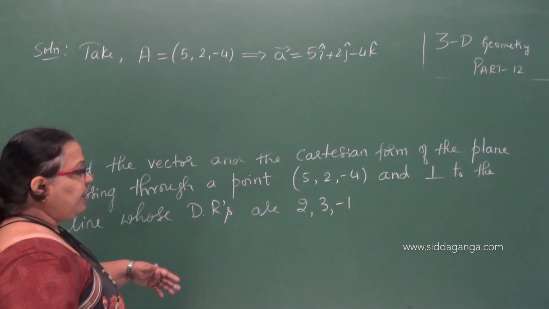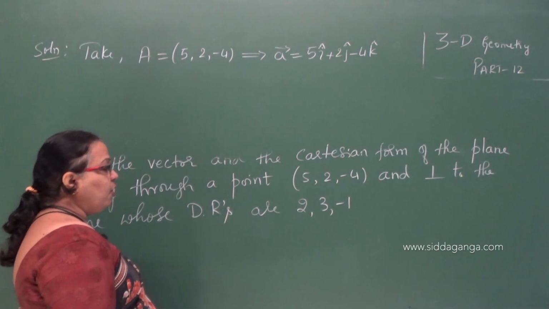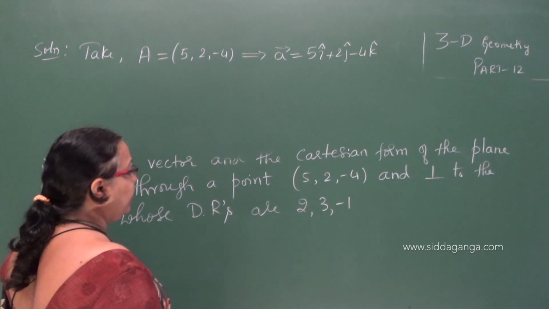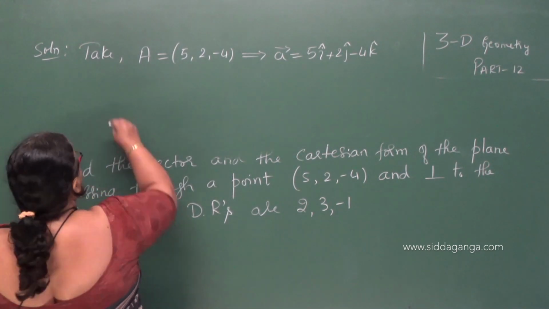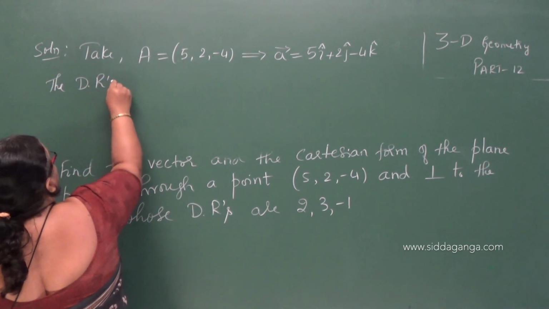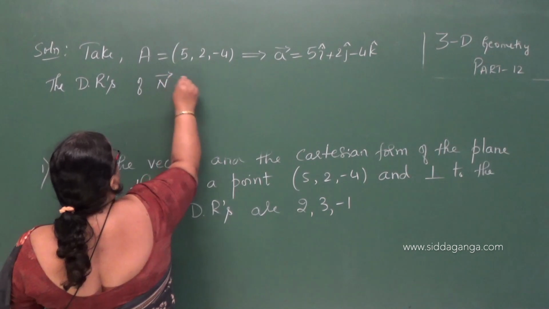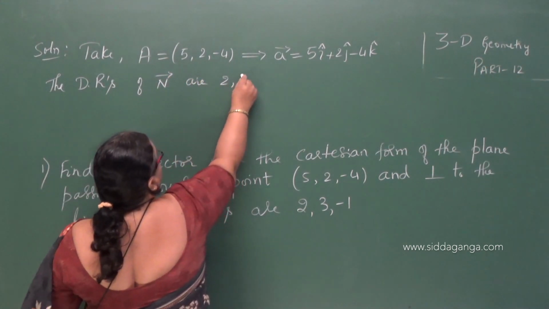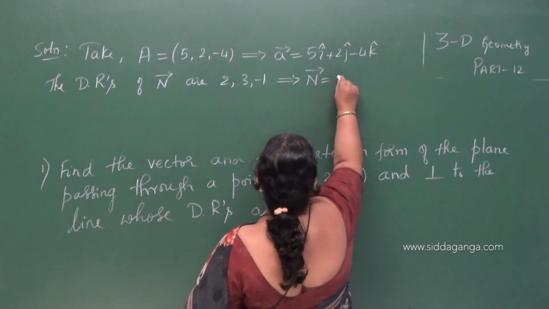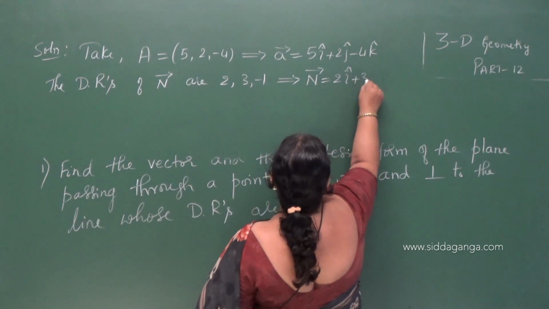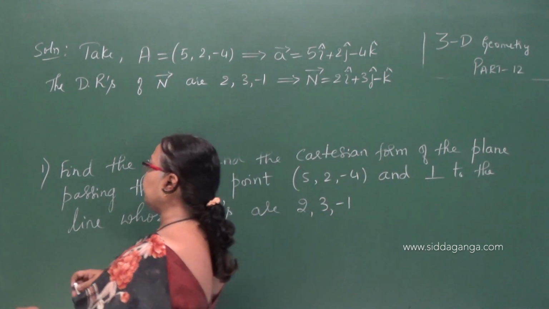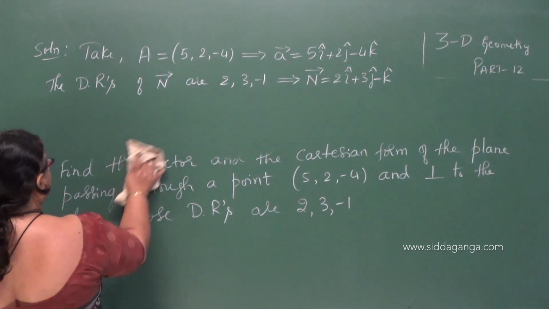It is given that the direction ratios of the normal vector are 2, 3 and -1, so vector n equals 2 I cap plus 3 J cap minus 1 K cap.